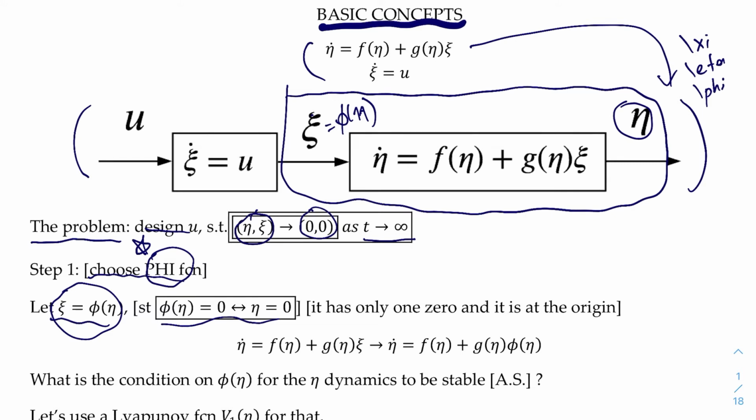The problem becomes: find phi of eta such that eta dynamics are stable. So let's focus on this problem. And it has only 1 zero, and it is at the origin. This is one assumption or one constraint on phi of eta, the function that we need to construct or determine.